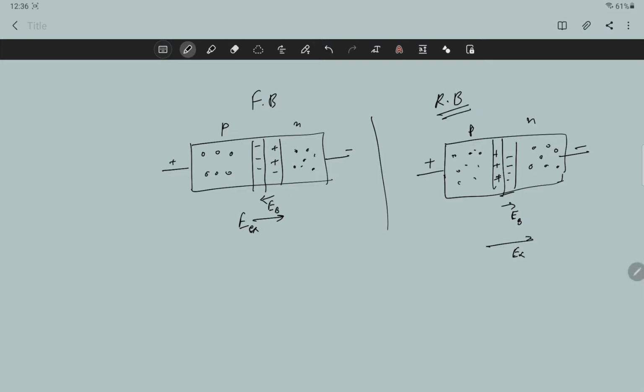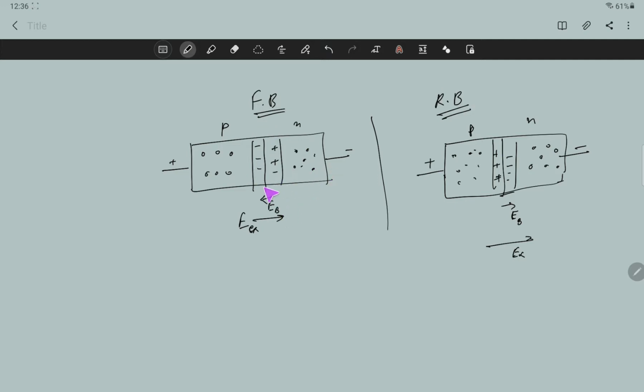So let me tell you in a general case, when any diode is in forward bias, suppose this is a diode. On the left hand side is the p type and on the right hand side is the n type, and this is in forward bias.